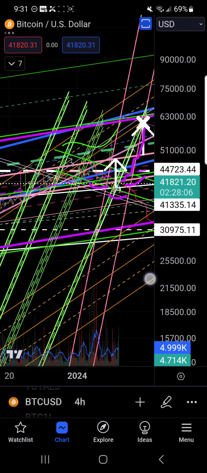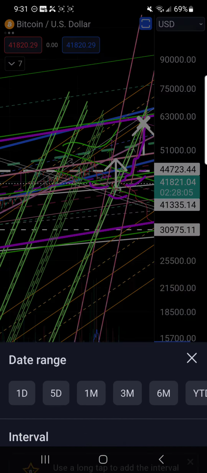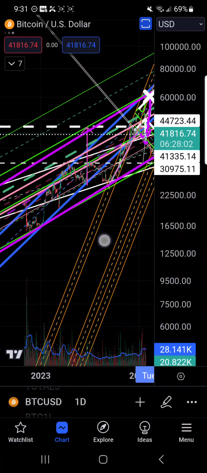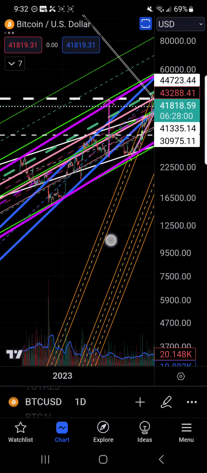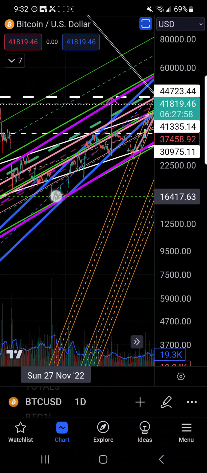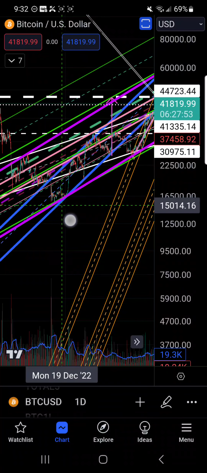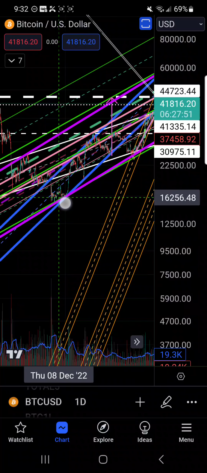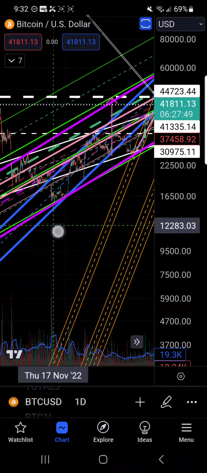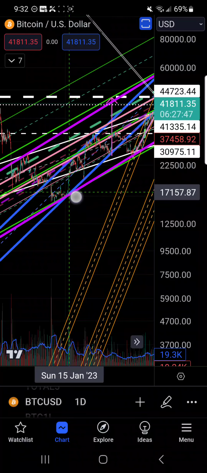And let's just go on a daily and see where that gets us. Yeah. So that would be an extension of this bull rally that actually started really in January after the FTX collapse.